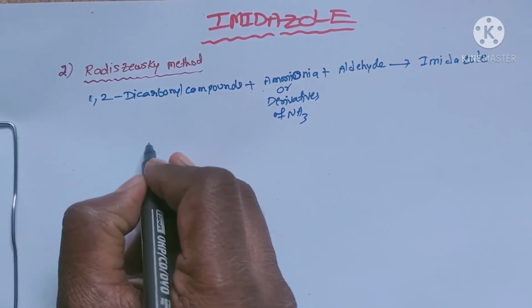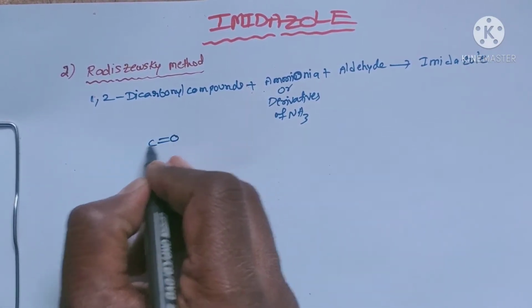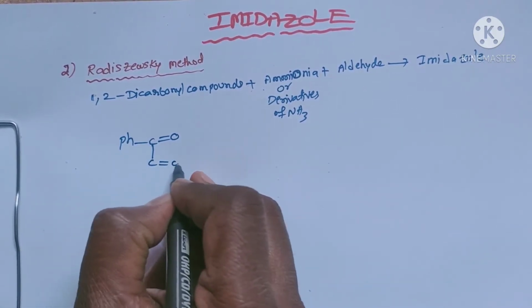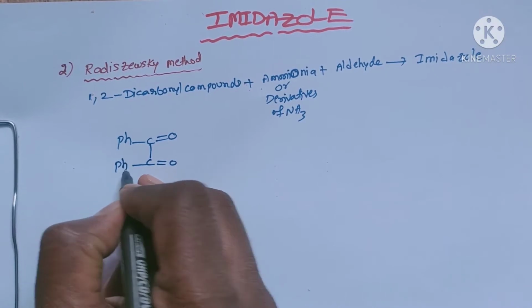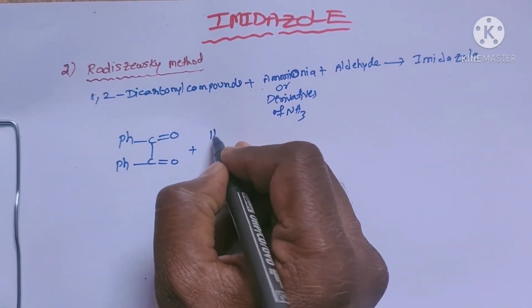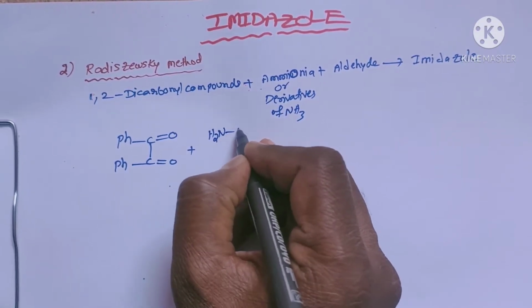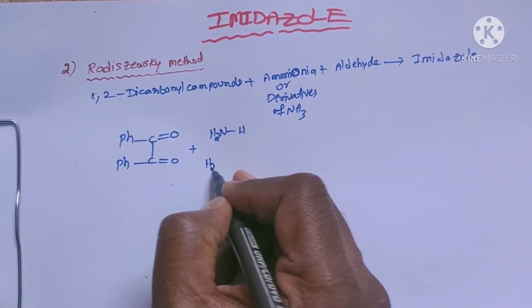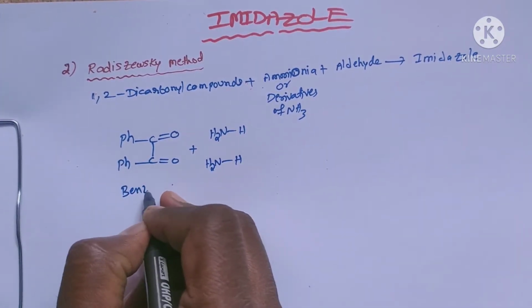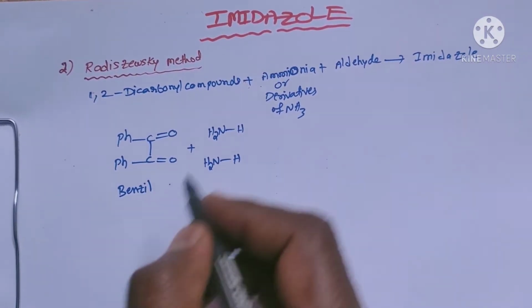So here we write the benzil. So right, this is benzil. Now in the first step what happens, ammonia molecules react with benzil. So look here, this benzil is a 1,2-dicarbonyl compound.